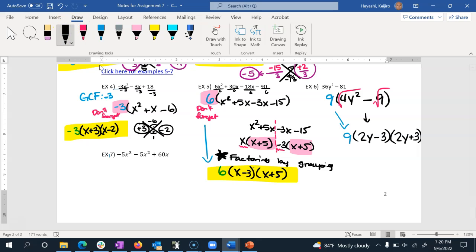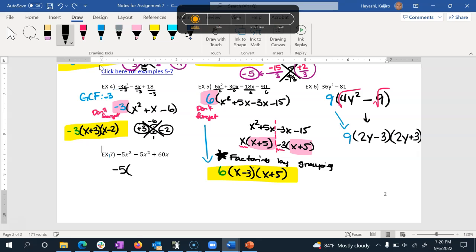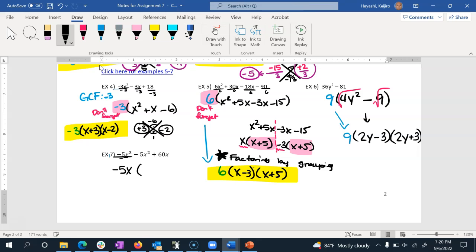Okay, what can we factor out of this last problem here? Negative 5x. Specifically a negative 5, because if there is a chance to factor out a negative, we want to take it. If we factor out a negative 5x out of each term, we're going to have 3 terms.